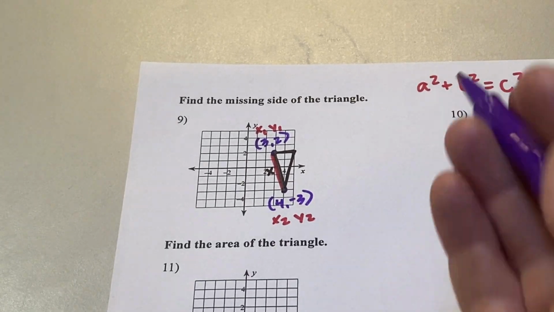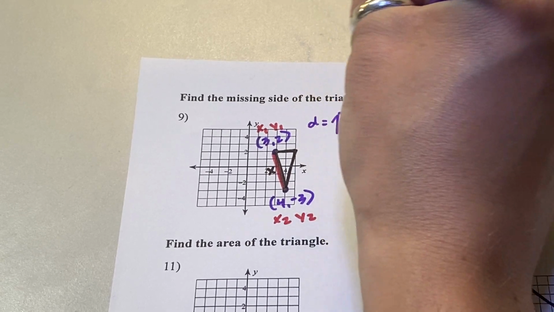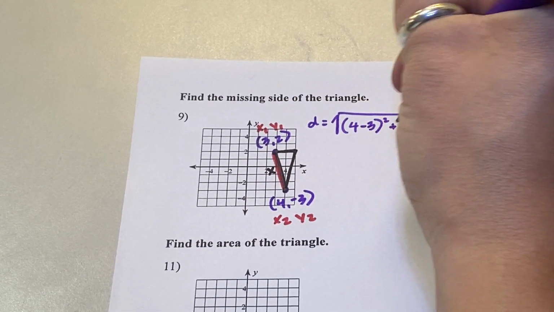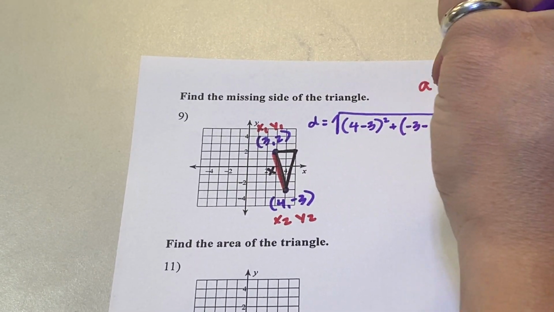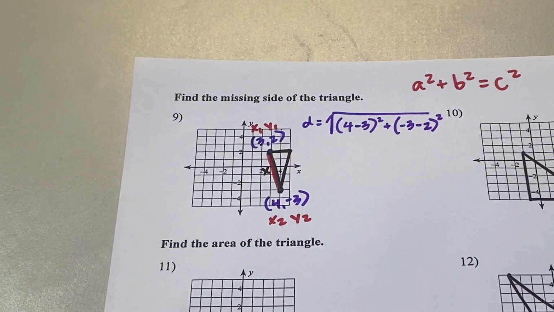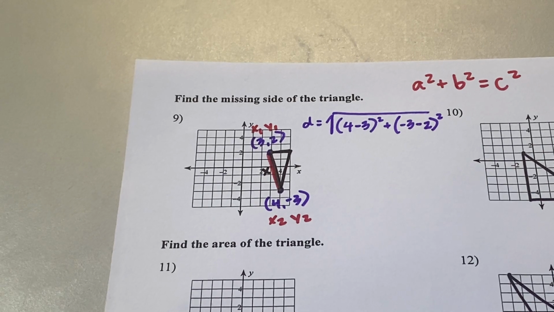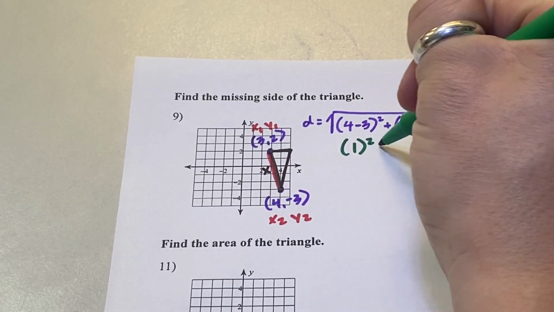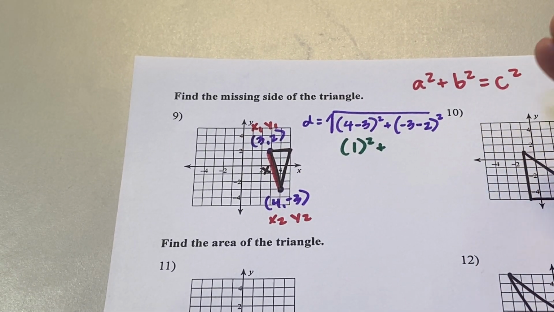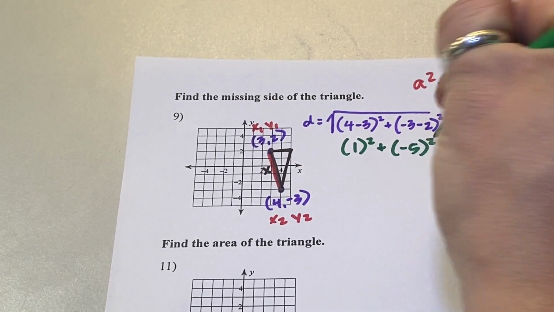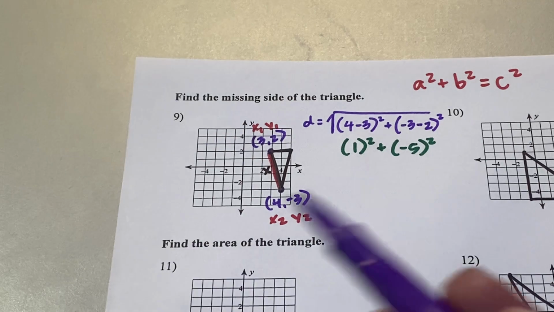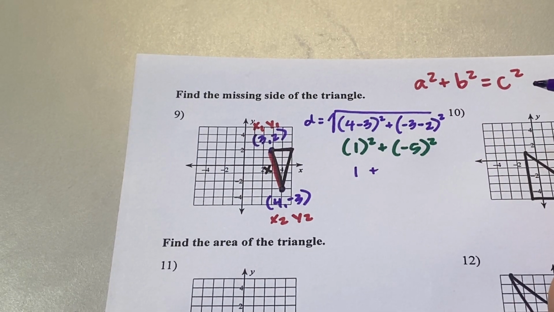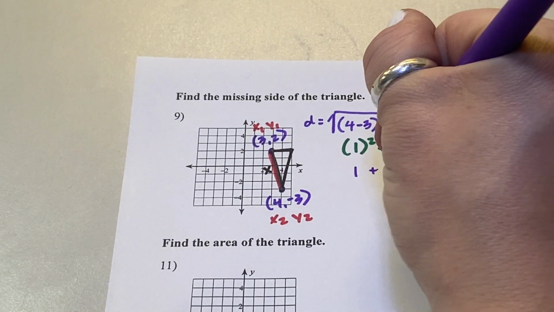What is the missing side of this triangle? So we got the distance equals the square root of x2, 4, minus x1, 3, squared, plus y2, -3, minus y1, 2, squared. 4 minus 3 in my first parentheses? 1. 1 squared. -3 minus 2? -5 squared. 1 squared, or 1 times 1? 1. -5 times -5? 25.